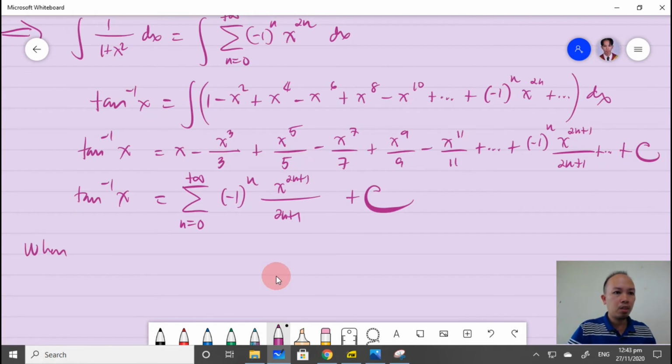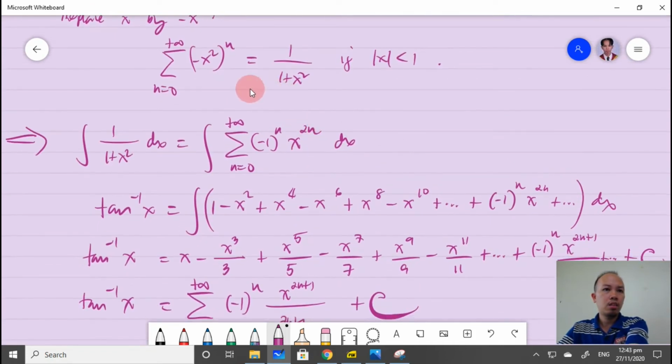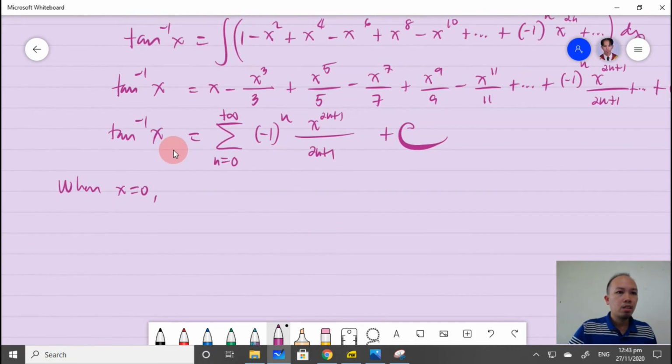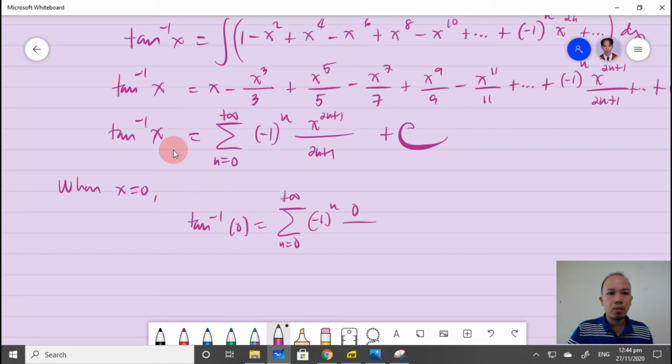When x is equal to 0, the tangent inverse of 0 equals the summation, n equal to 0 to positive infinity, of 0 to the 2n plus 1 over 2n plus 1, plus C. So what is the tangent inverse of 0?